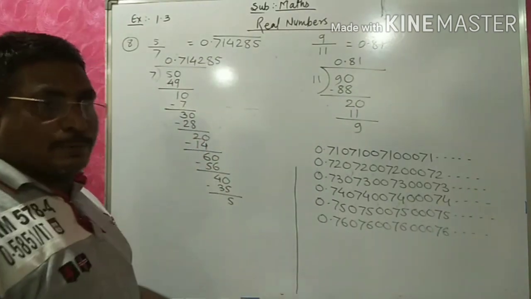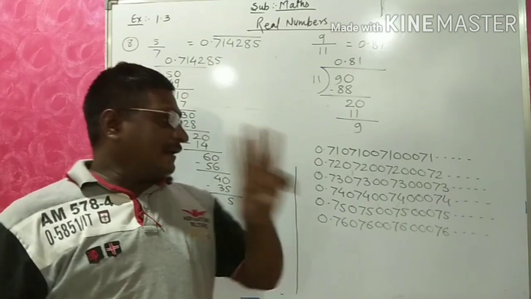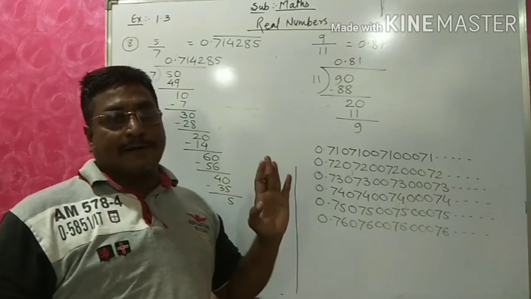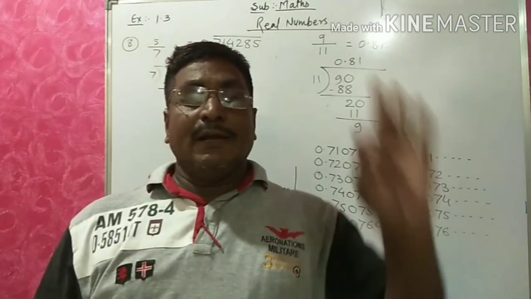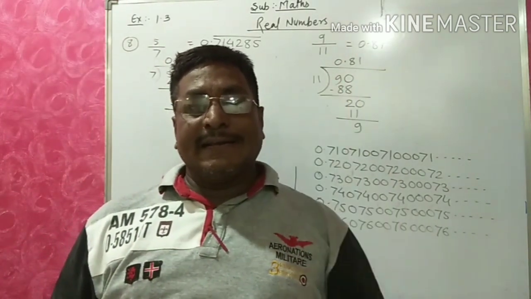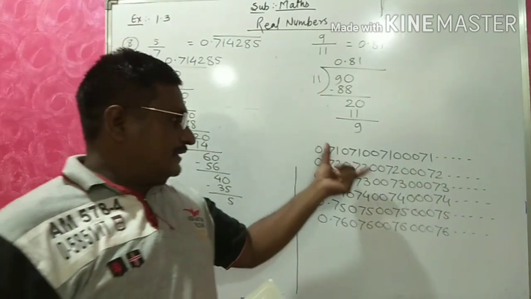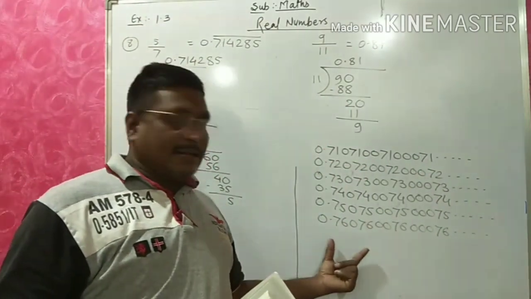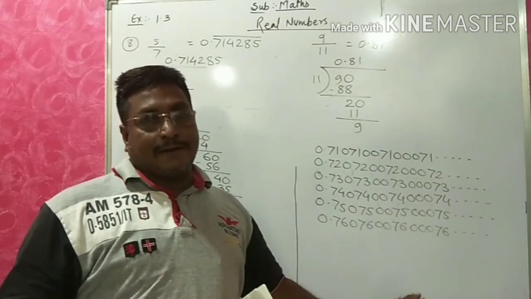In this way so many are there. From that, any 3 irrational numbers we have to write. What is the meaning of irrational number? A non-terminating, non-recurring decimal expansion is called irrational. So these decimal expansions are non-terminating, non-recurring.